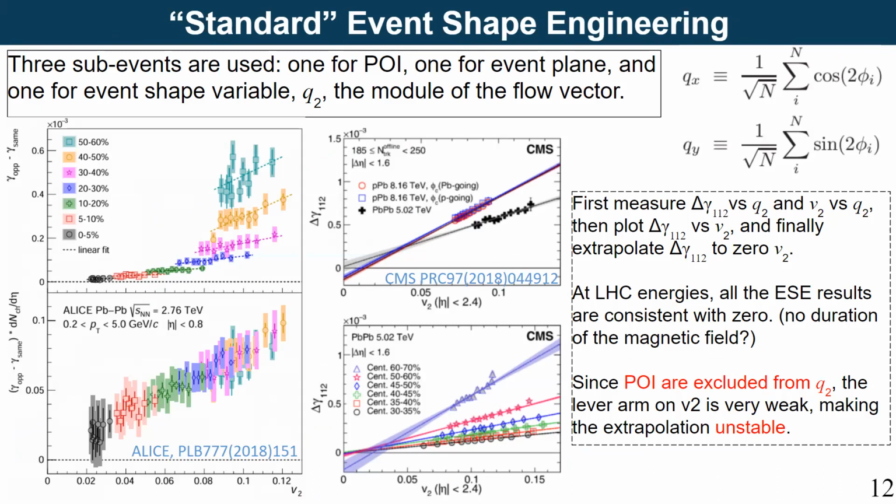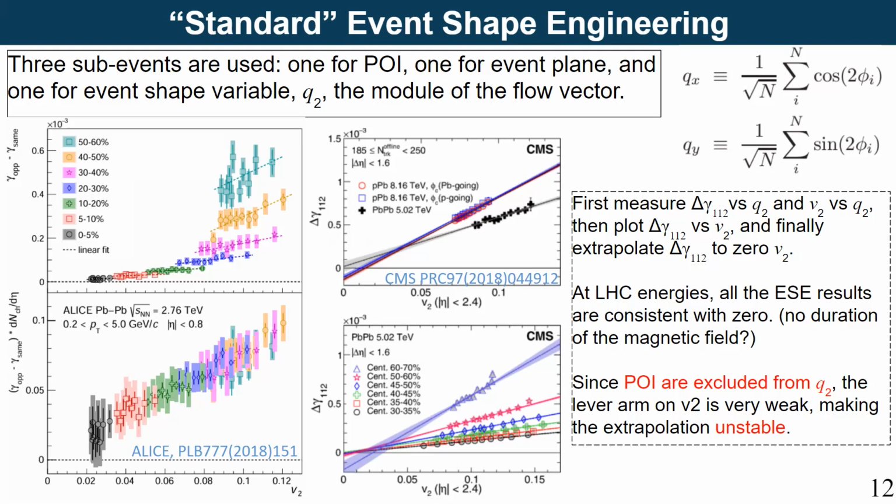This is to control the event shape and to classify or categorize the events. And the third one is the one we use for the event plane. So in the so-called standard way, you need three sub-events.